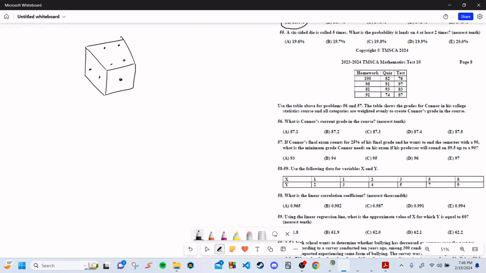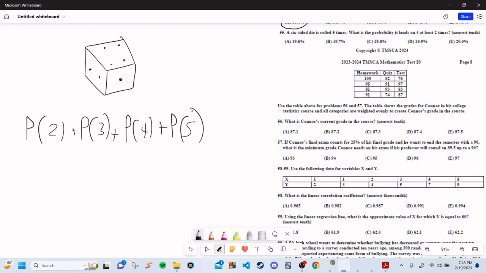We want it to land on 4 twice, at least twice. So that means we want the probability that it lands twice, that it lands 3 times, 4 times, and 5 times. These are all at least 2. We want to add these all together.